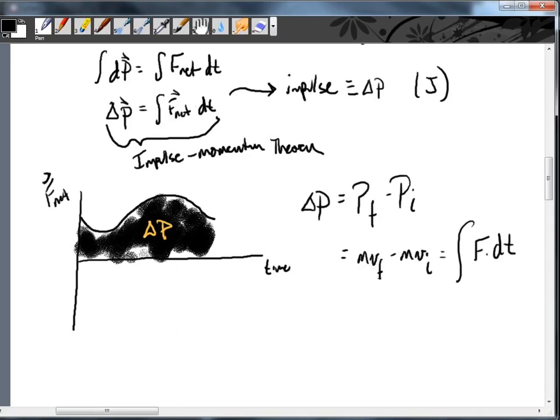So what we really have is that we can find our final velocity if we experience a certain amount of impulse. We can find our change of velocity if we plug it in here, because that's equal to our F dt. And that's really it for the impulse-momentum theorem. It's pretty much that. It's just our change in momentum.